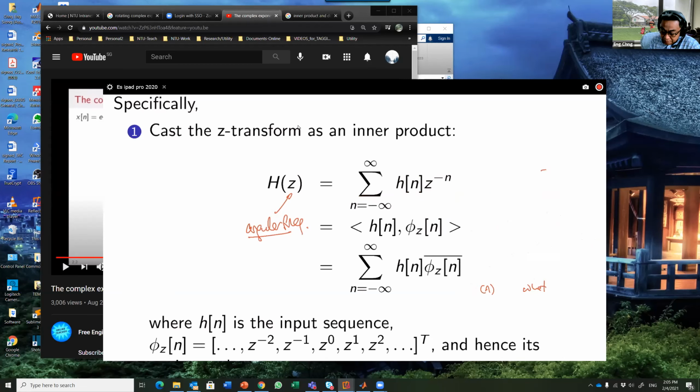We are comparing h of n, a vector, to phi z of different frequency, and we are actually measuring the relationship of h n to phi z. And in fact, when you reach this, this is DTFT, especially because z belongs to 1 e^(j omega n).